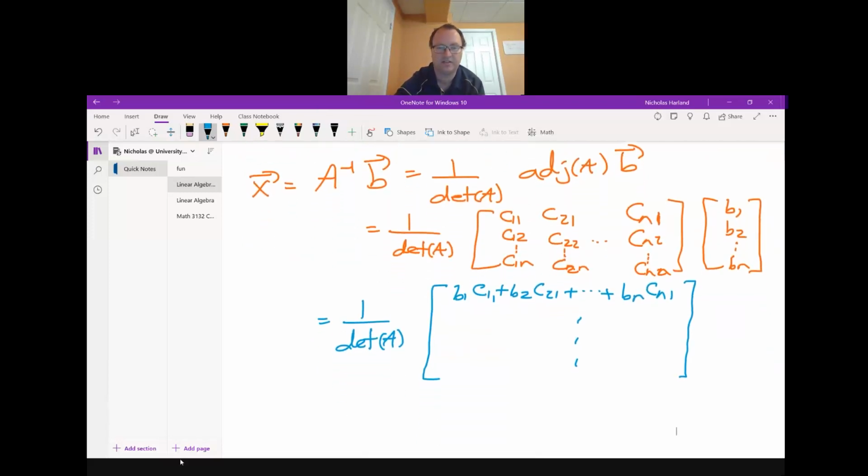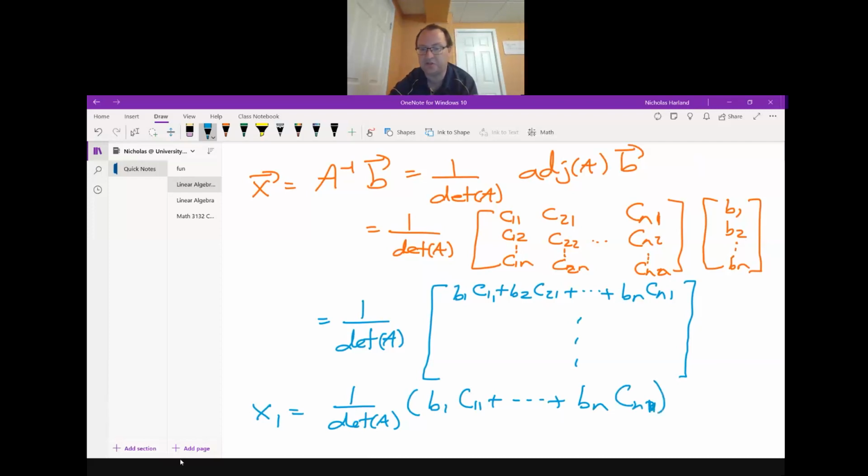In other words, x1 is equal to 1 over the determinant times that ugly monstrosity that we just computed right there. And we could find the other ones. For x2, replace the first ones with the ones with 2's, and so on. So let's take a look.